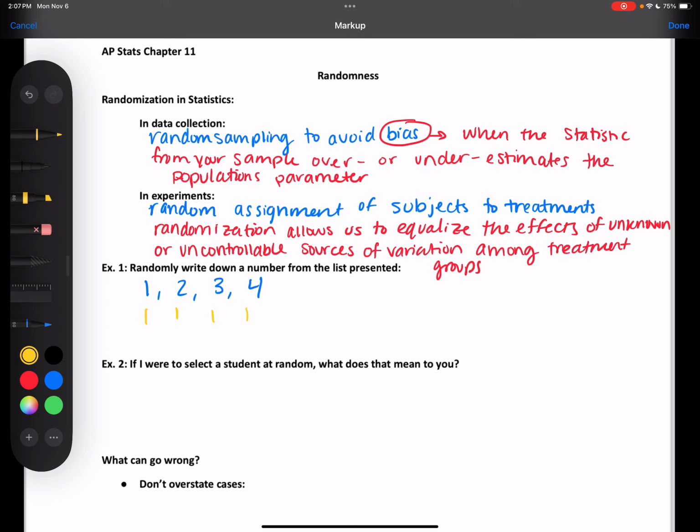So I'm not capping. 25% pick 1, 25% pick 2, 25% pick 3, and 25% pick 4. Normally what ends up happening is several people choose the same number. But it's obviously random because you were all in your own brains of the number that you wrote down.